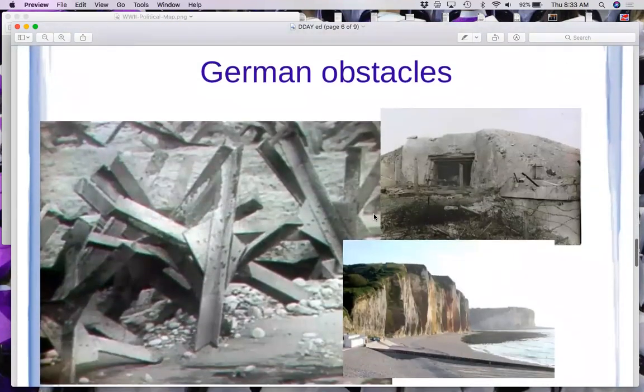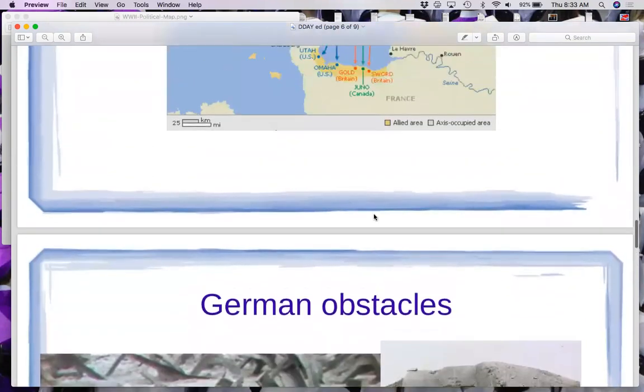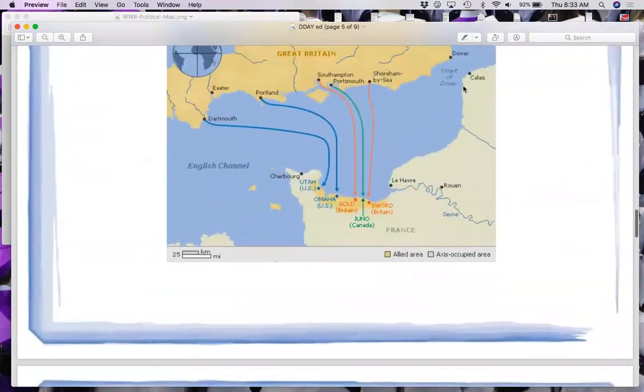Here are the things that the Germans had done to try to prevent this. First of all, back to this for a second. The Germans had put obstacles down this whole coastline. They were assuming, because the UK is right here, Great Britain's right here, and France is right here, and the Channel's not very far, that this would be the point where they would most likely cross.